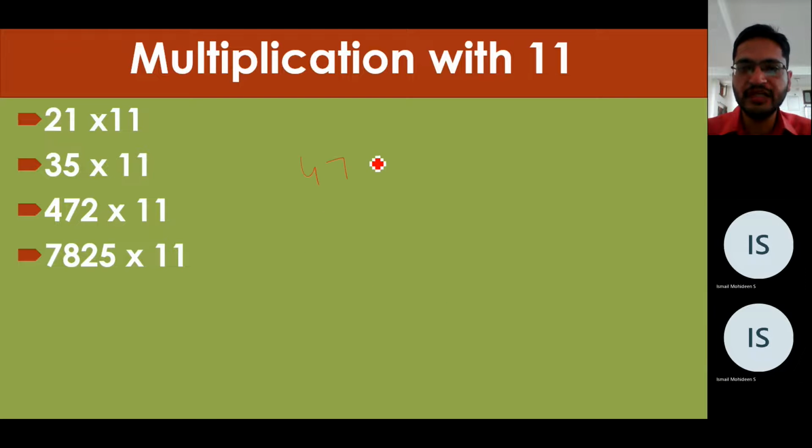Next we have 472, and we are to multiply this with 11. So again, I will write 0 at the last and 0 at the first. Now I will add these numbers. I will get 2. After that I will add 7 and 2, that is 9. After that I will add 4 and 7. Now here 4 plus 7 is a 2-digit number.